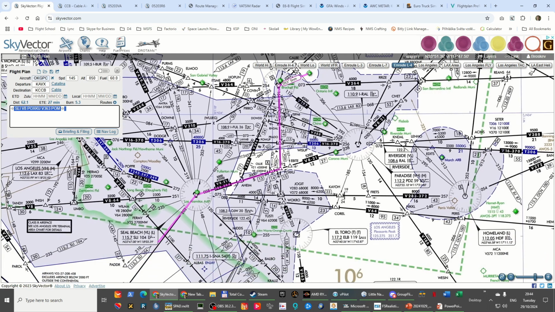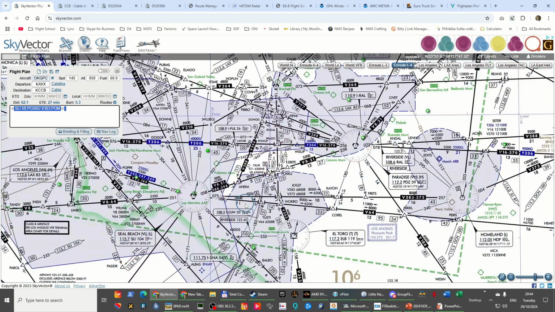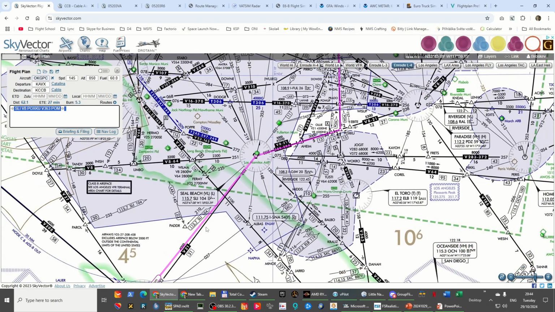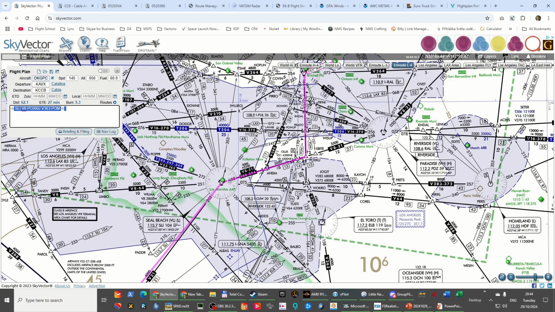Anyway, questions towards the route itself? If I look at it, we just go direct Seal Beach, then we go on radial 058 all the way to Poxku, which is very difficult to read here, but basically 2, 5, and 7, it should be 14. Yeah, here it is.